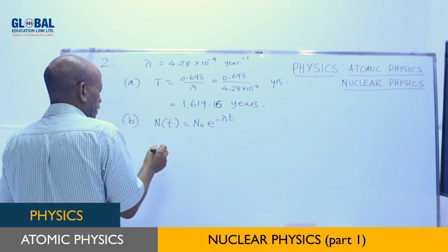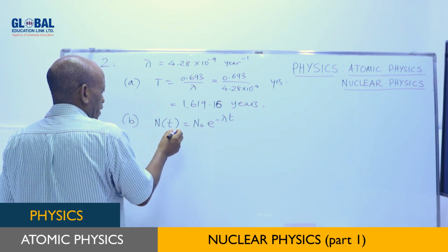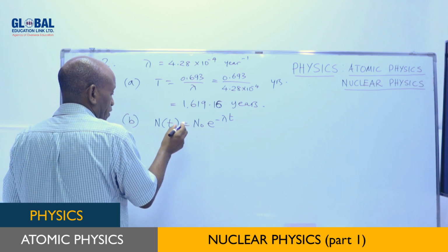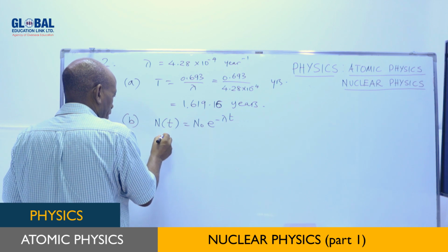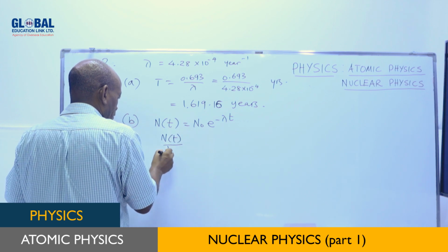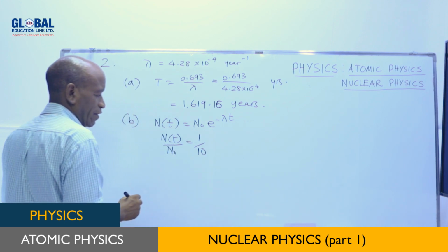For that case, we take the strength to be 1/10 of its original value. It means that N(t) over N naught will be equal to 1/10.